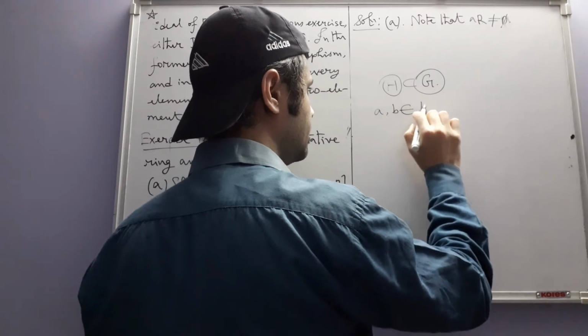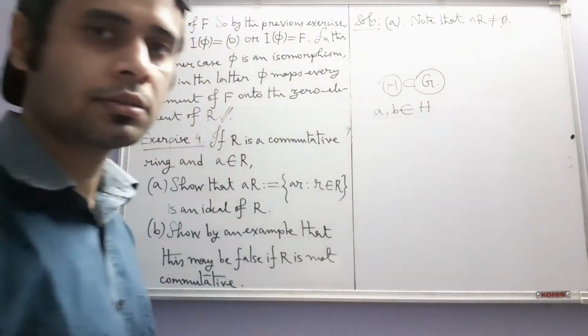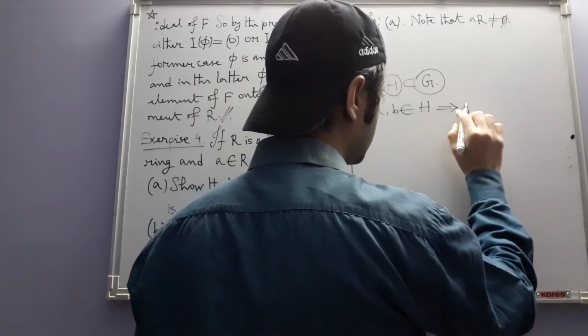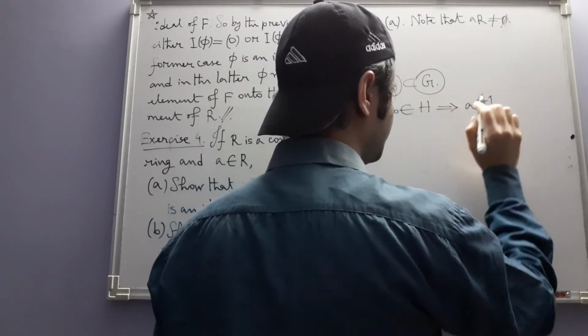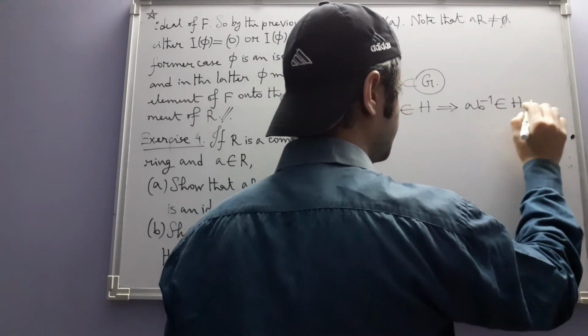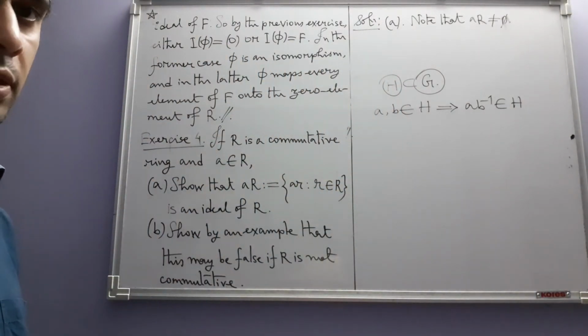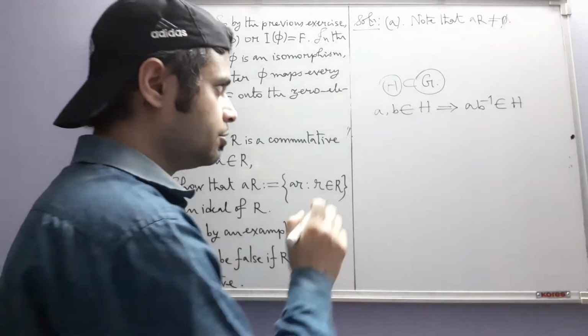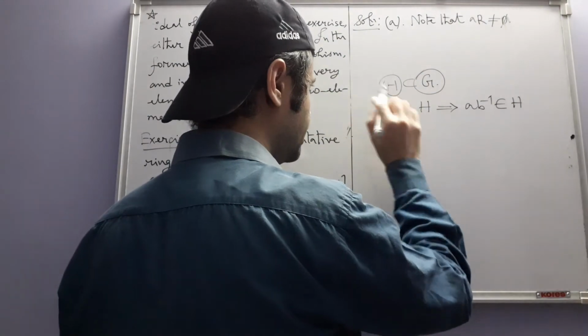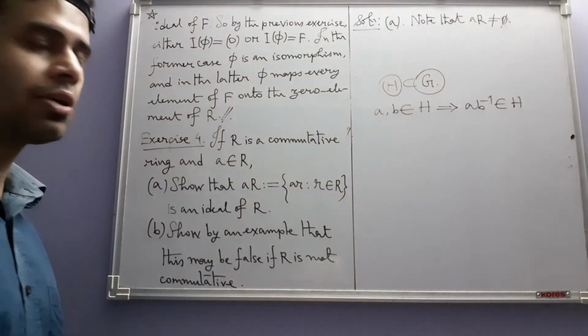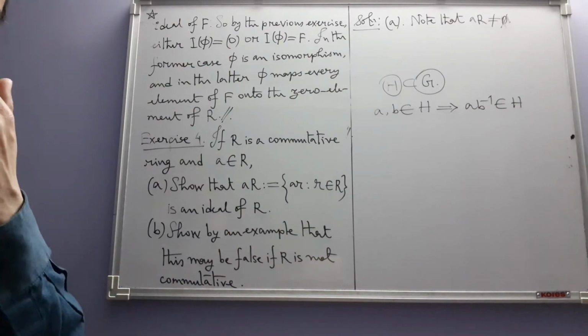You go like this. If a and b are two elements in H, and you can show that ab inverse is also an element of H, then H is a subgroup of G. But this is only partially true. You should recall that subgroups first of all have to be non-empty subsets.